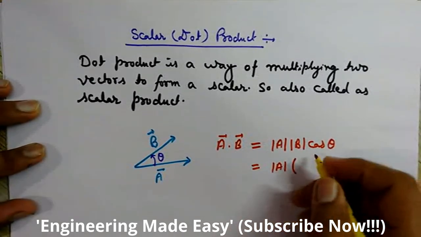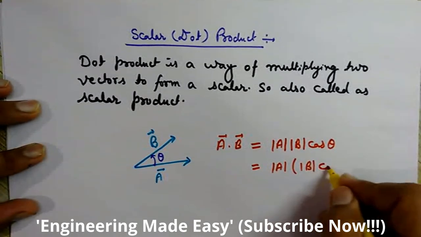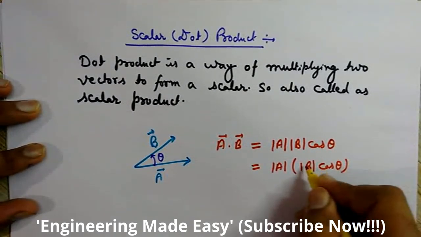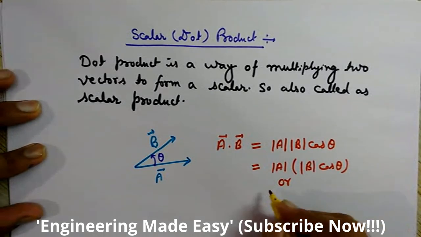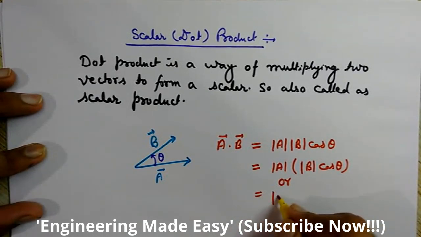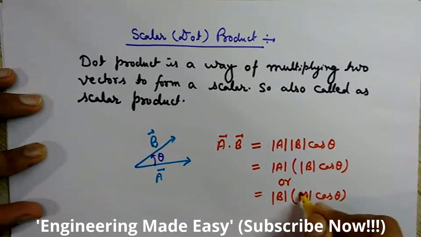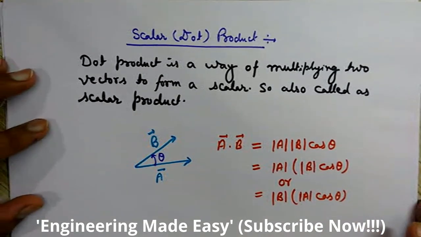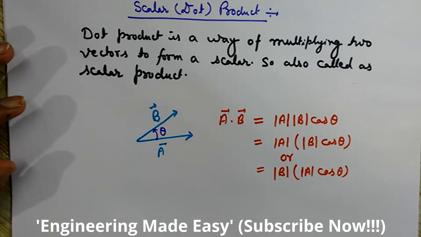It can also be written by rearranging it as |A| |B| cos theta, or it is also the same as |A| times |B| cos theta. I will tell you why I have written it in this way.